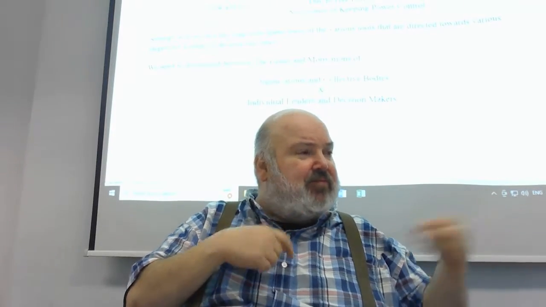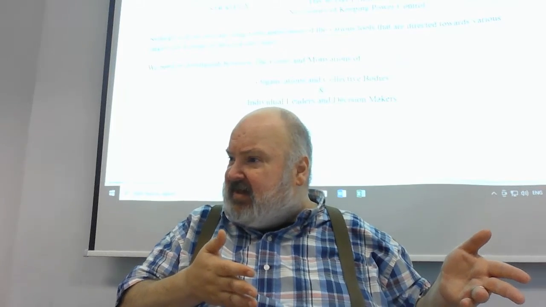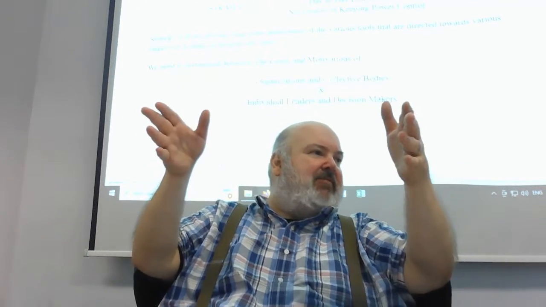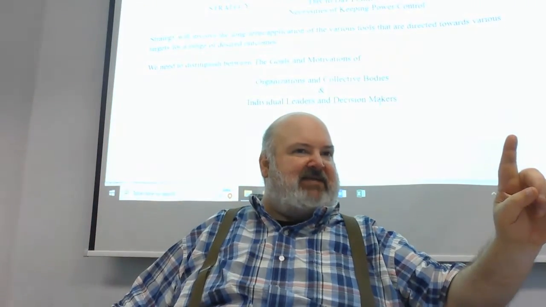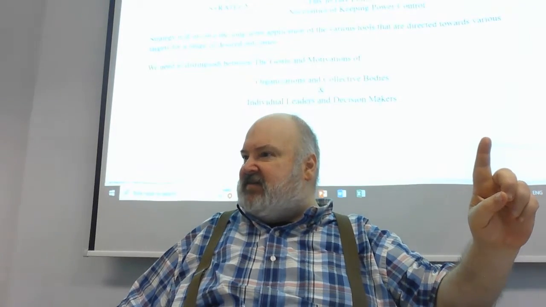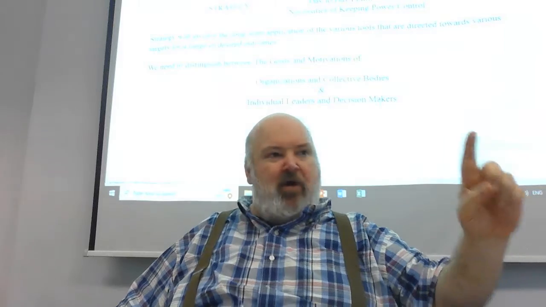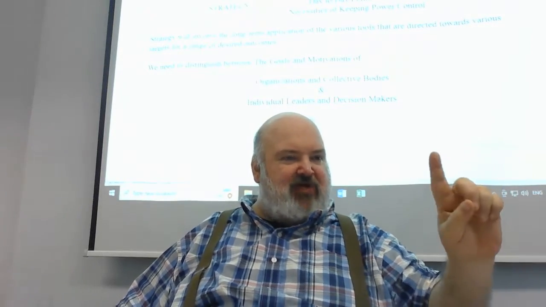But in those collective bodies, there are individual actors who have very specific key decision making roles. In Parliament, you have a collective body, but you also have every member of the Sejm who makes a decision. So the concept of collective decision making: we can try to understand the motivation of the individual decision maker, but to understand the collective, you have to approach it differently.